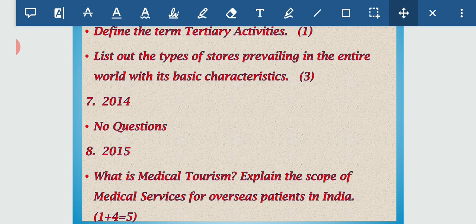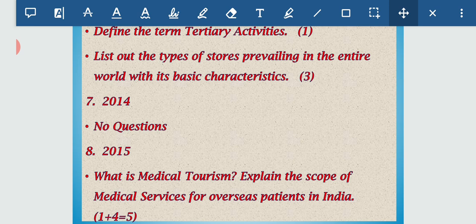Now explain the scope of medical services for overseas patients in India. Now the scope of medical services for overseas patients in India is, number one, they send their MRI images to our country. Then they send their ultrasound reports, basically for a second opinion, and it can also focus on improving the quality of the services with special care.